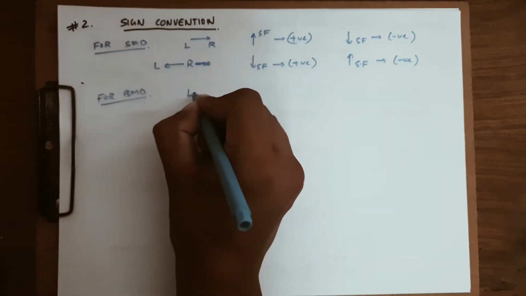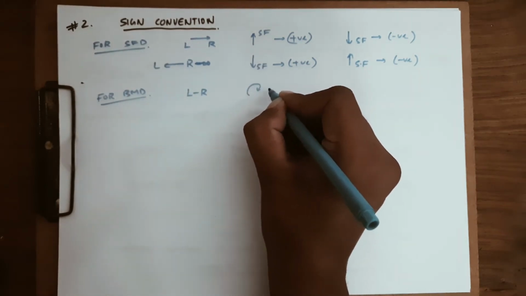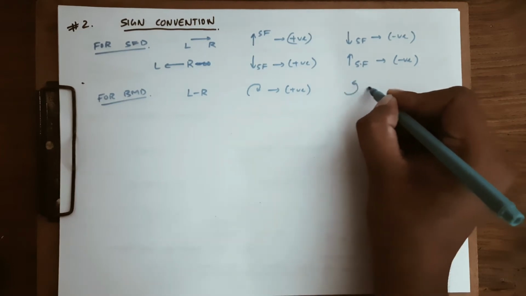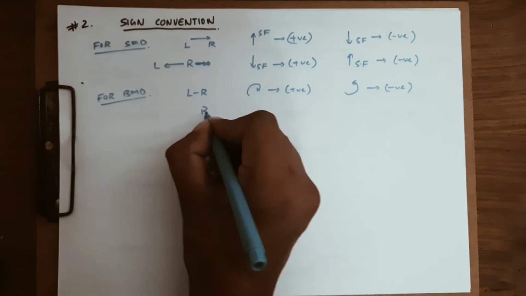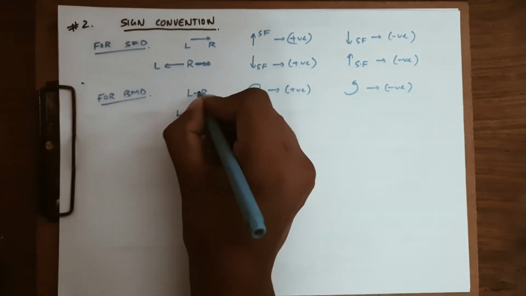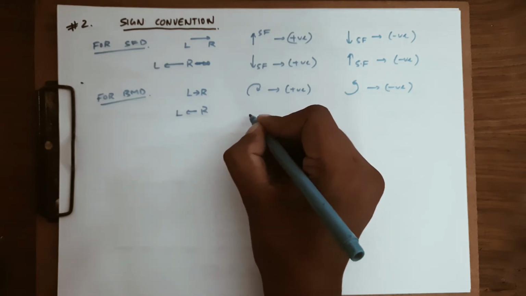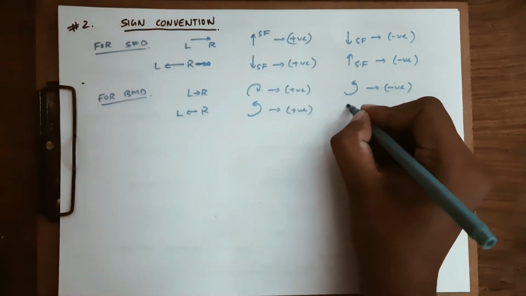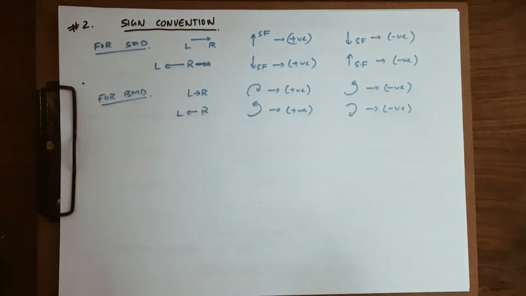If we are going left to right, then clockwise moment is positive and anti-clockwise moment is negative. And if we are going right to left, so in this case anti-clockwise moment is positive and clockwise moment is negative. So this is the sign convention.